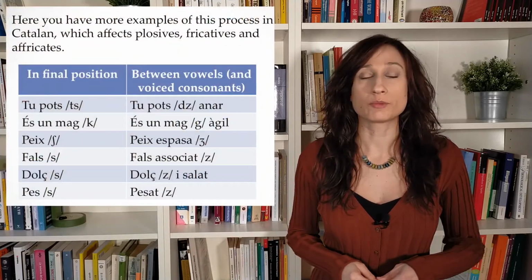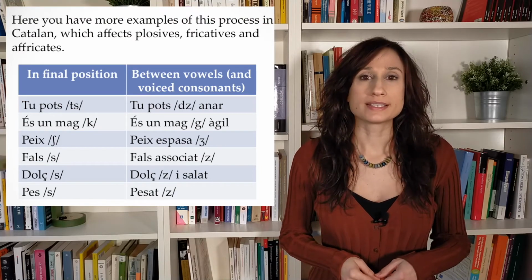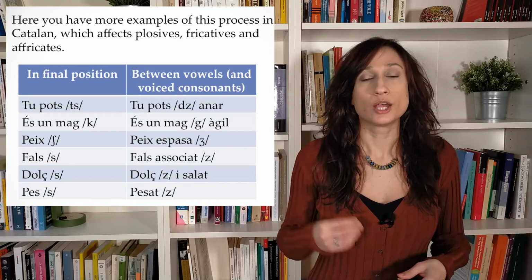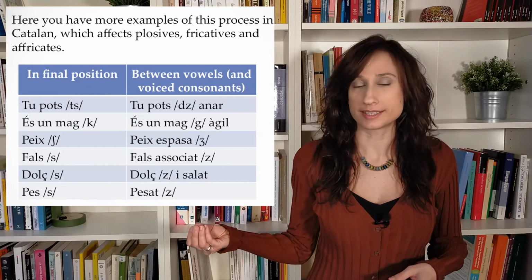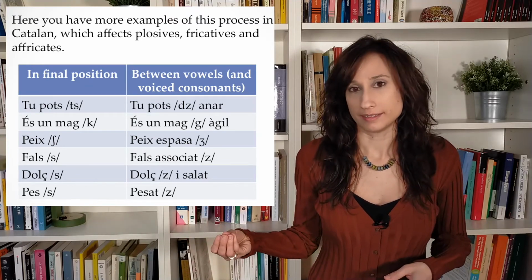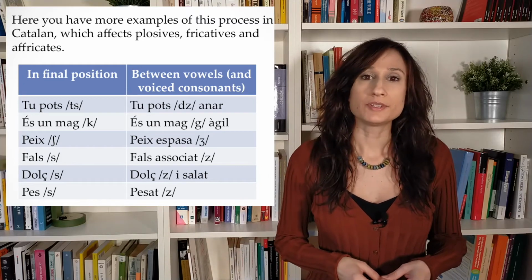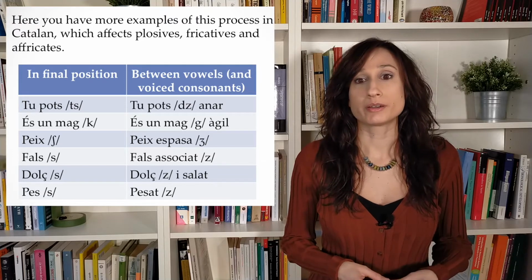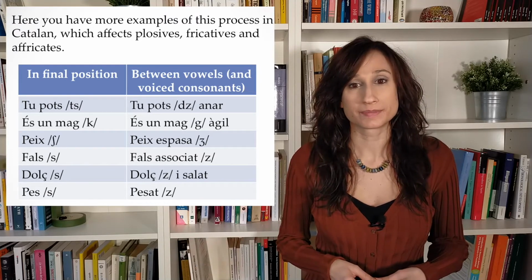Let's continue checking what happens in Catalan and practice with a few words, yes? For example, you say "tu pots", voiceless, and "tu pots anar". If you say "tu pots anar" with a voiceless T, that doesn't sound correct in Catalan, so it has to be voiced because there is a vowel following. "Ell és un mag" finishes with a K, whereas "és un mag àgil" becomes a G, voiced.